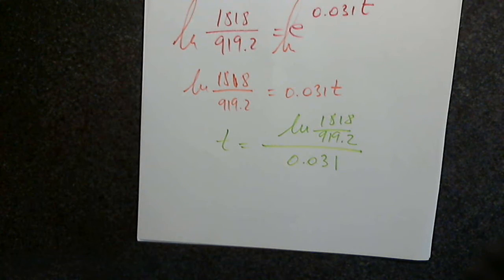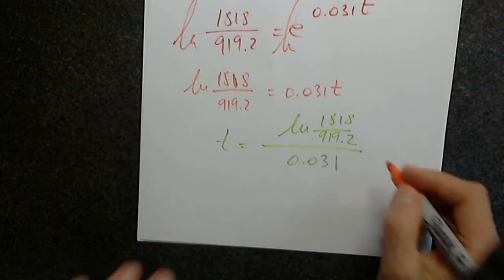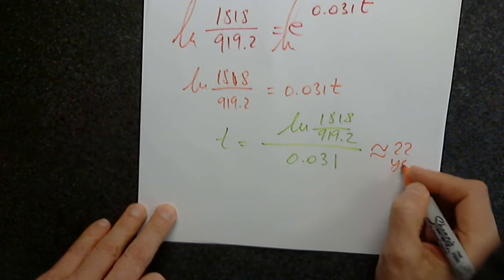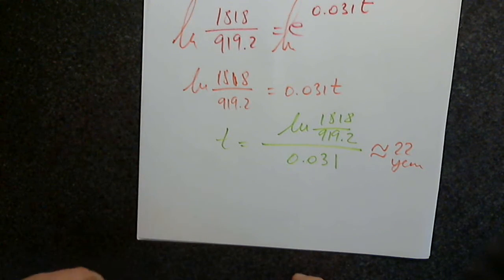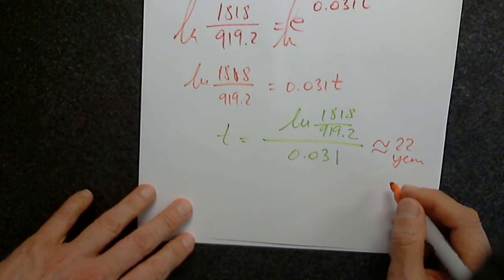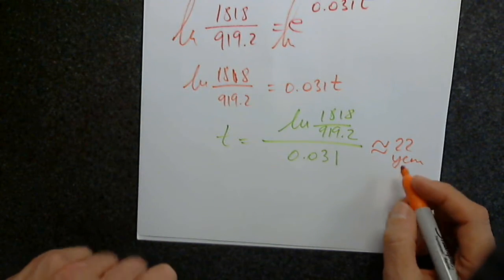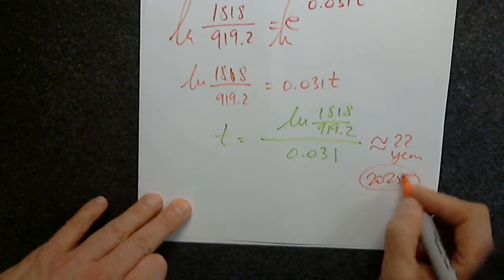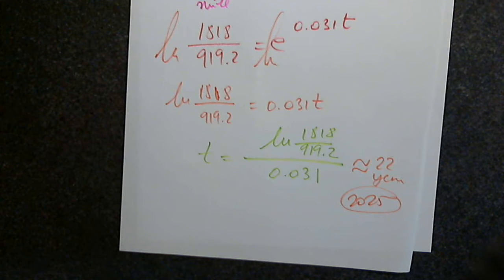Is this okay? And press enter. So it's roughly 22 years. And if you add 2003 to it, it will be 2025 from 2003. Is this clear?